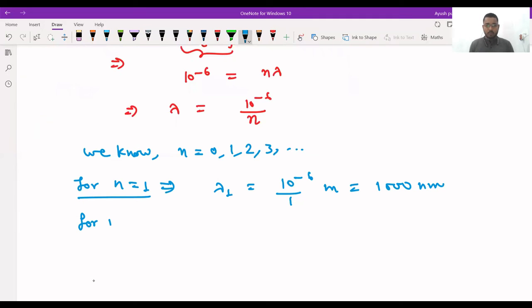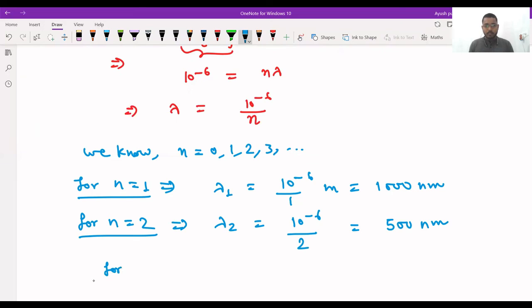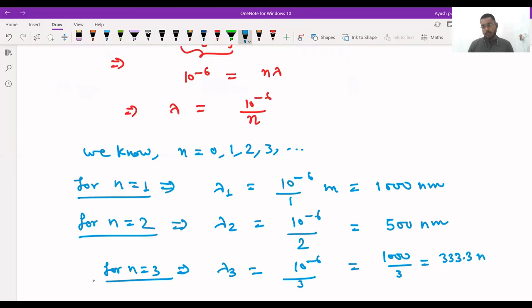For n equal to 2, lambda 2 is equal to 10 to the power minus 6 divided by 2, so it will be 500 nanometers. Similarly, for n equal to 3, lambda 3 is equal to 10 to the power minus 6 divided by 3, so it will be 1000 divided by 3, approximately 333.3 nanometer.